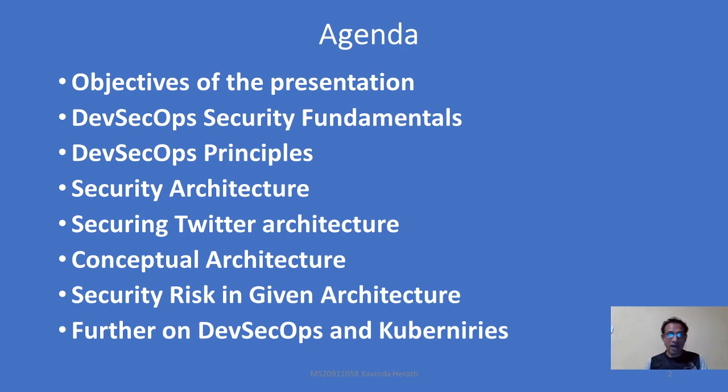Based on that, my presentation today is about Twitter: how the Twitter application is implemented according to the primitives of security and the DevSecOps architecture, the requirements and such principles that apply, especially for the Twitter application.